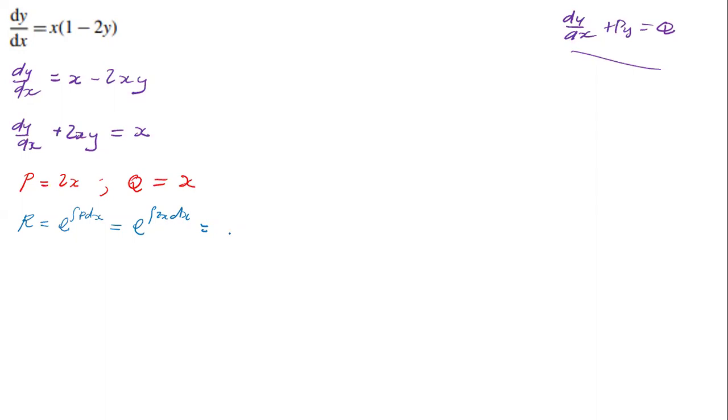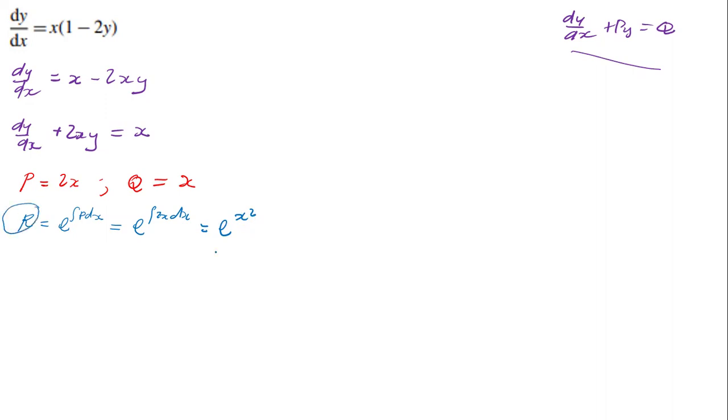So integrating this, we have e to the power of, we take 2 outside, and then we're going to have x squared. When you integrate 2x, we add 1 to the power 1 to get 2, we divide by 2, which cancels the 2, and the answer will be x squared. So integrating this exponent, the answer will be x squared.